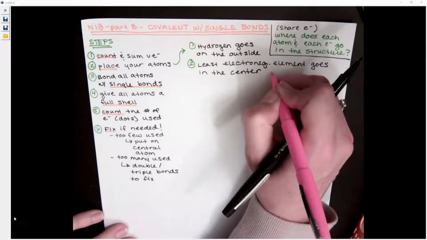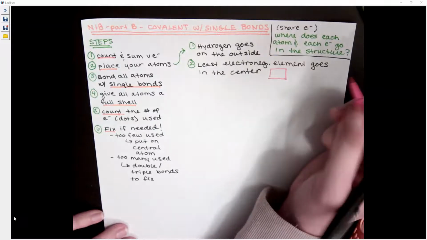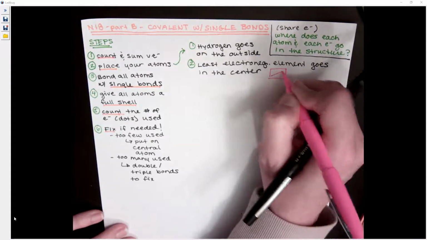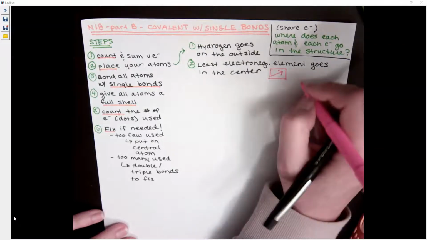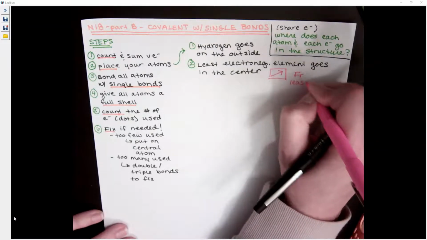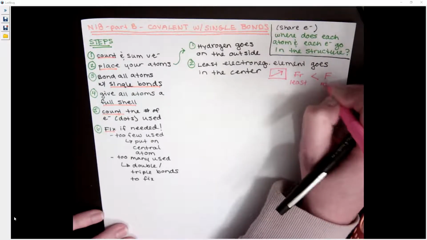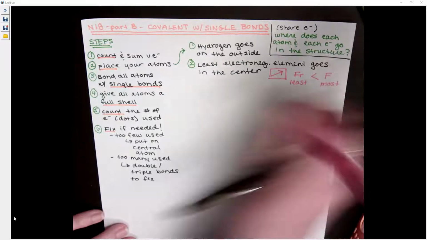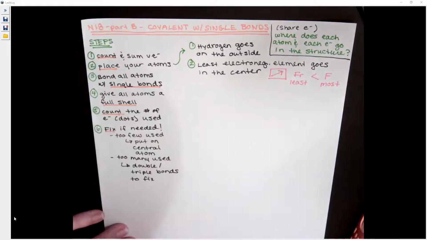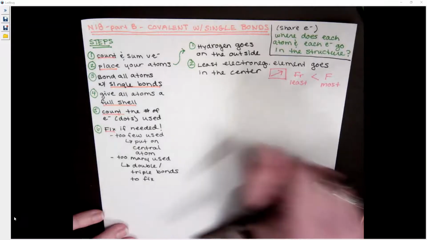Remember, in order to know which is less electronegative, we have to remember our periodic trends. Remember, francium is going to be the least, up to fluorine the most. Remember, our noble gases would technically be the least, but they don't typically like to make bonds, so we usually just think about going from francium to fluorine.